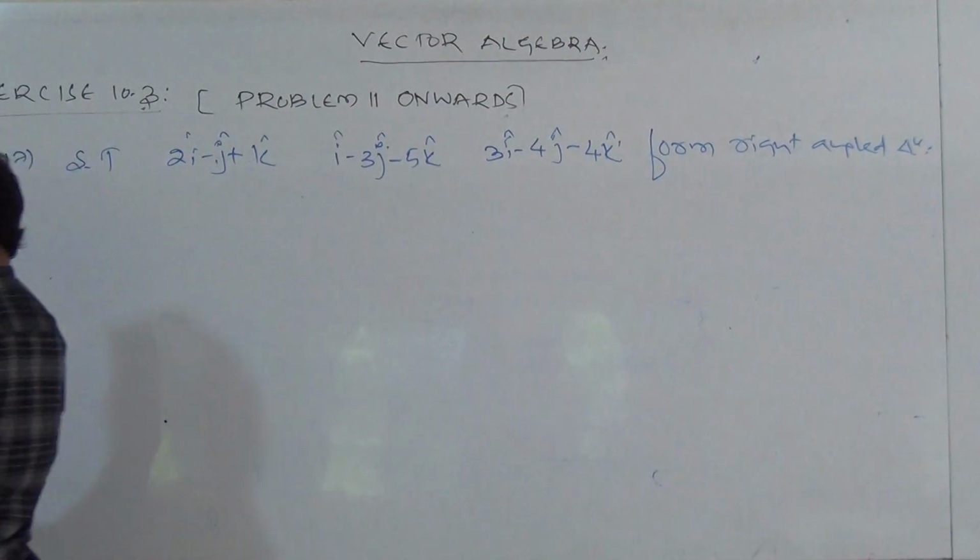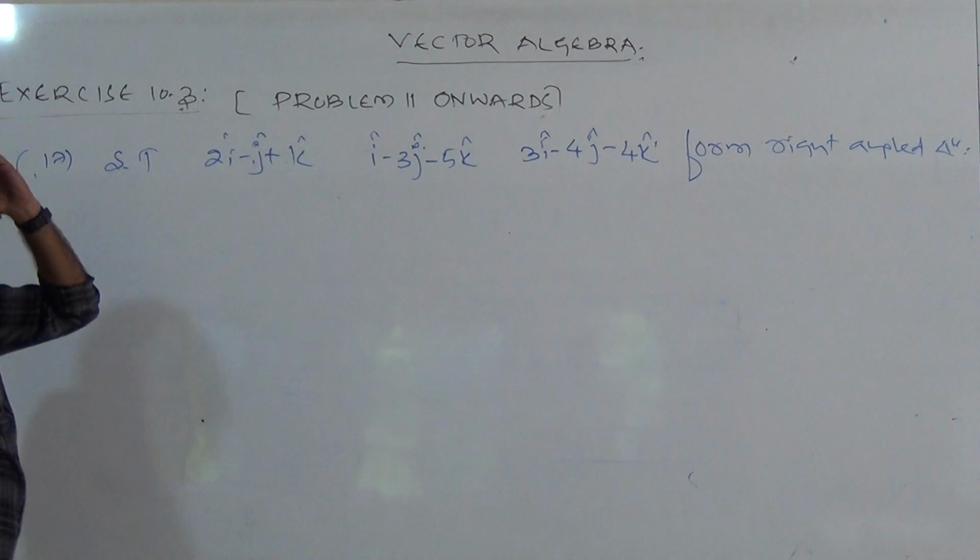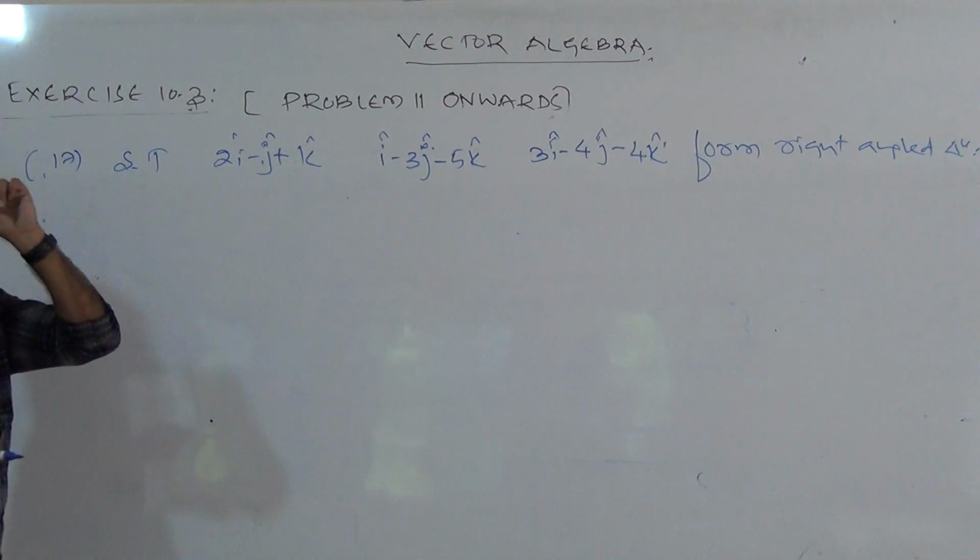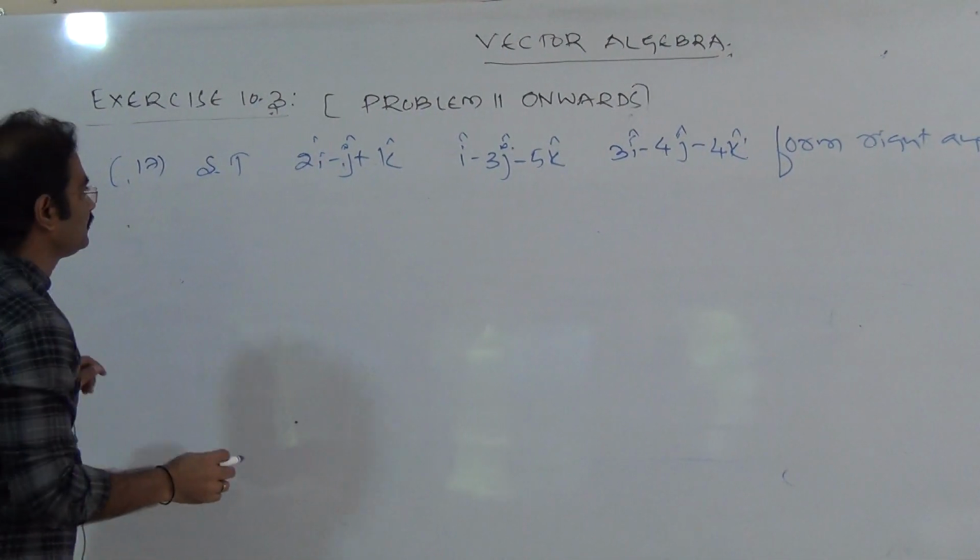Right angled triangle means it should satisfy the Pythagoras theorem.